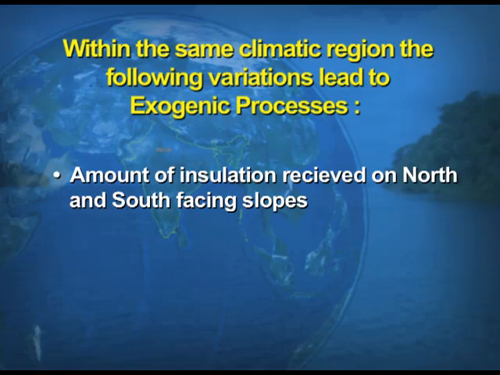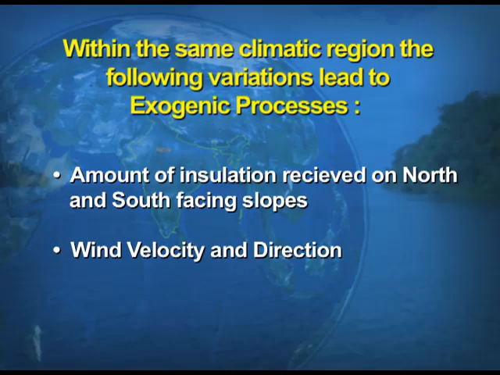So, within the same climatic areas also, there are certain changes which can be observed by the exogenic forces, and these changes are based on, number 1, the amount of insolation received on the north or the south facing slopes. Now, insolation, this term you must be knowing, children. I would just like to explain what insolation is.